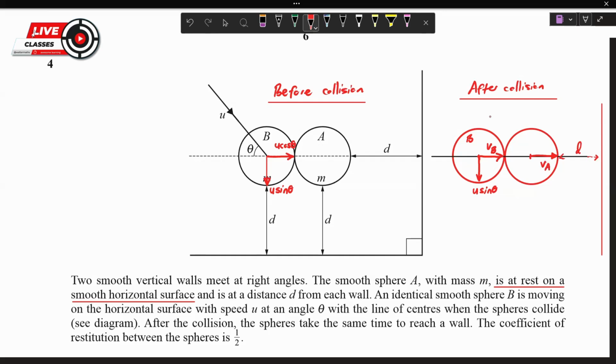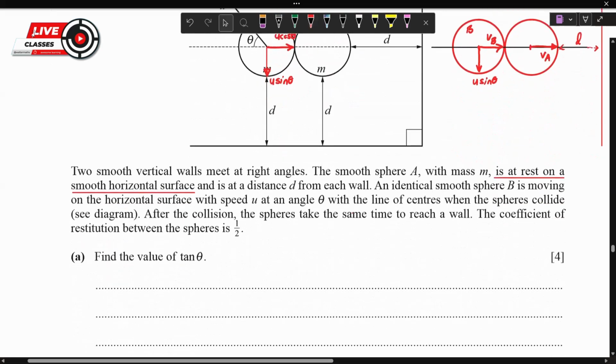All right. So applying the principle of conservation of momentum, we're going to say that in the line of centers, the momentum before collision is equal to the momentum after collision.